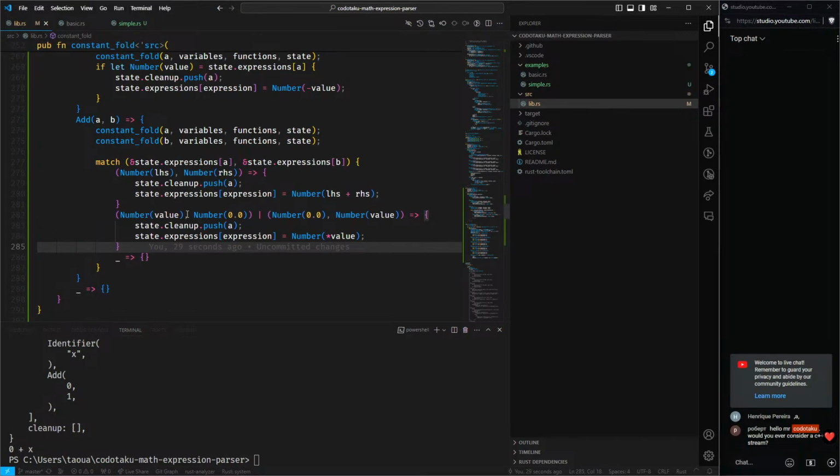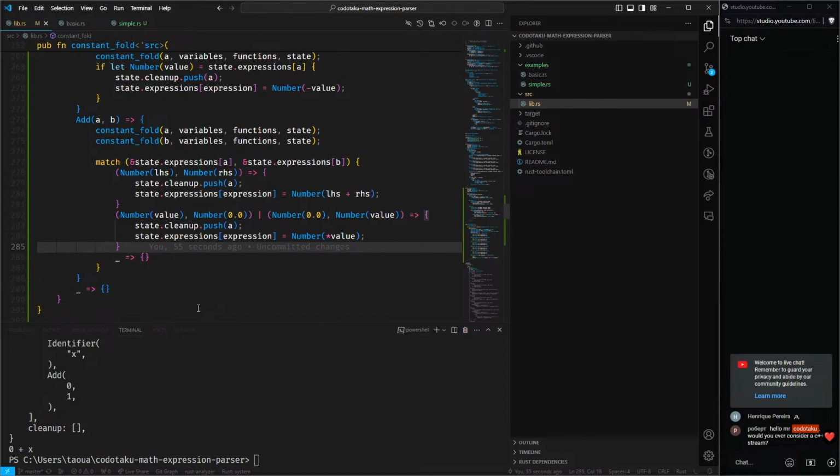Oh, my bad. I'm actually saying number value here. But isn't that what we want? I mean, yeah, number value, or, I mean, interesting. I see.